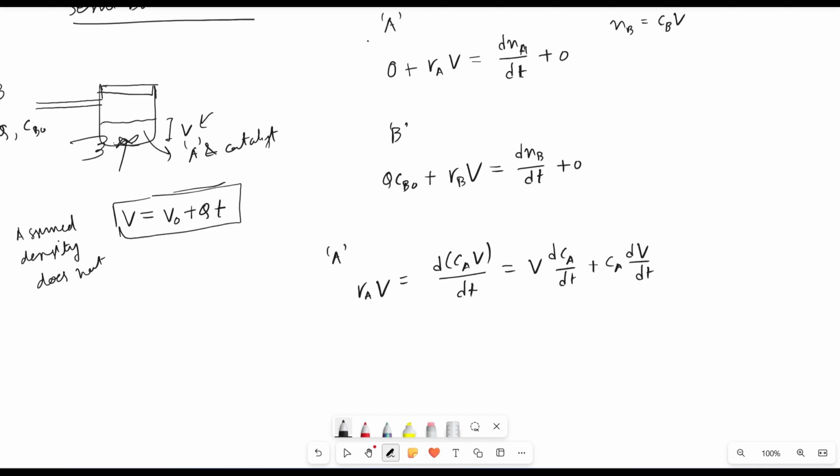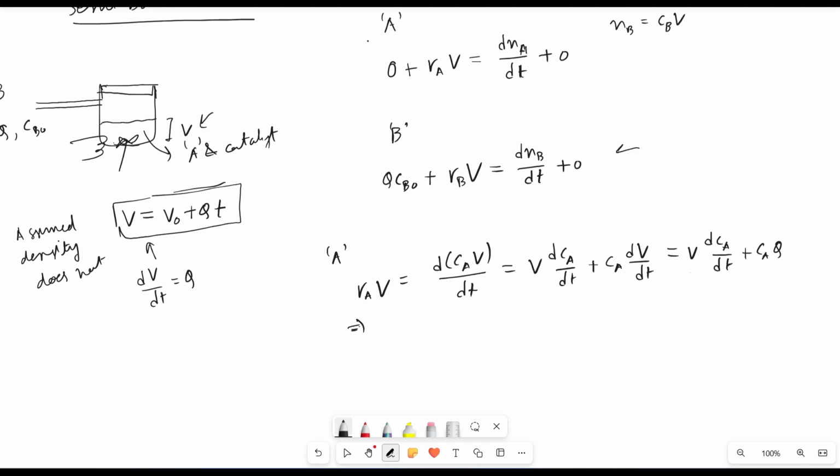If the density is not changing, dV by dt will be the added volumetric flow rate: V dCA by dt plus CA into Q, and RA can be expressed in terms of concentration. And this V will be some function of t. So you will get a differential equation, and the same for B.